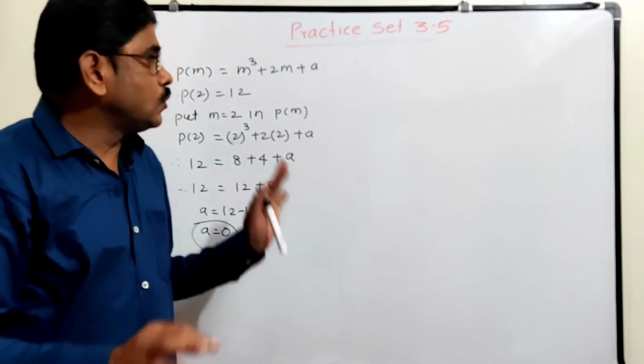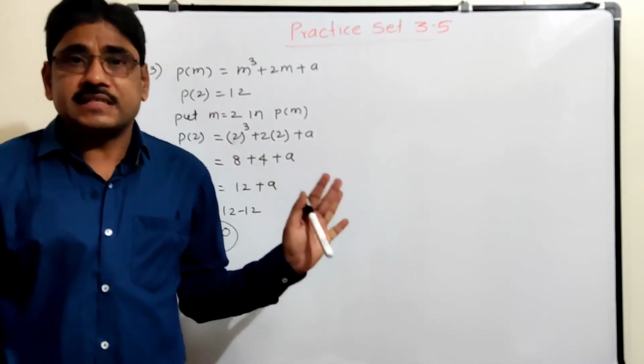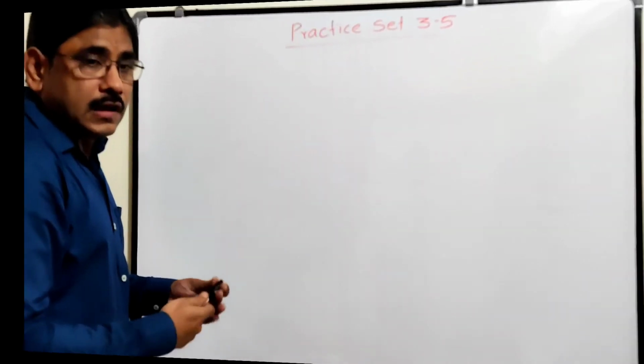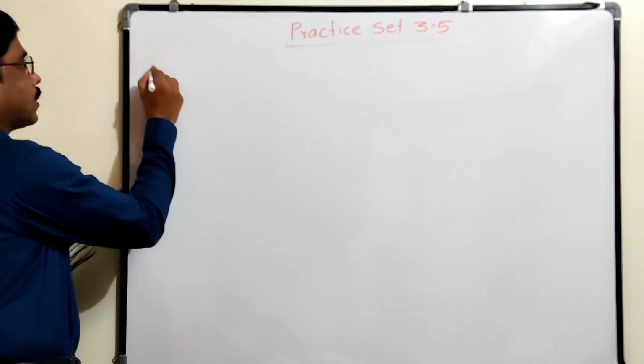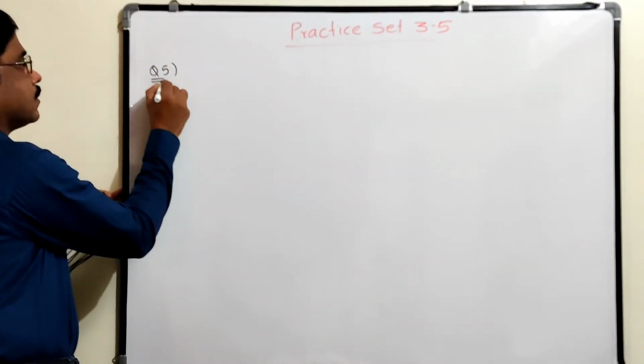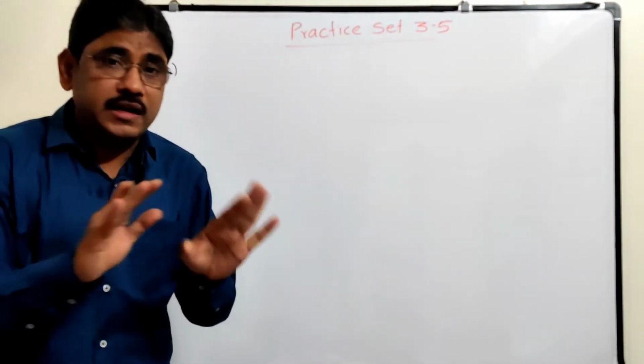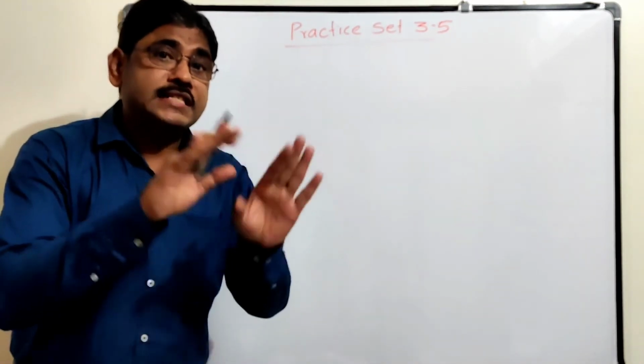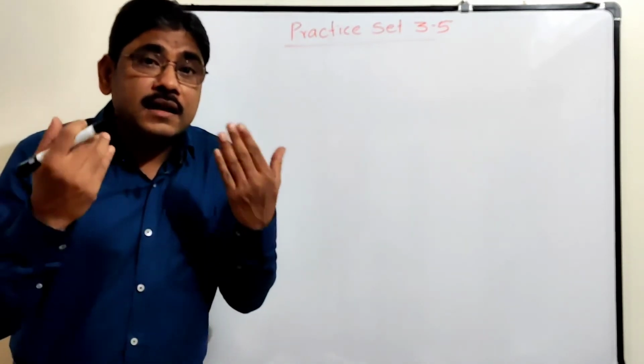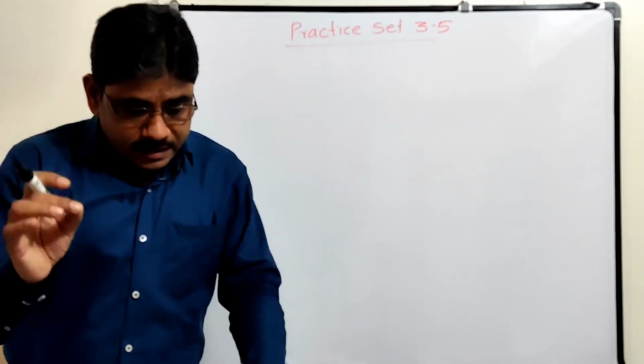Now fourth, do it yourself, the same sum is there. Let us see question number 5. Do it yourself, by remainder theorem, not by dividing actually. We do not have to do actual division or synthetic division. Using remainder theorem, find the remainder.